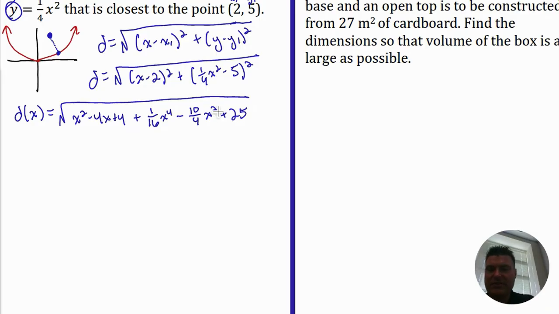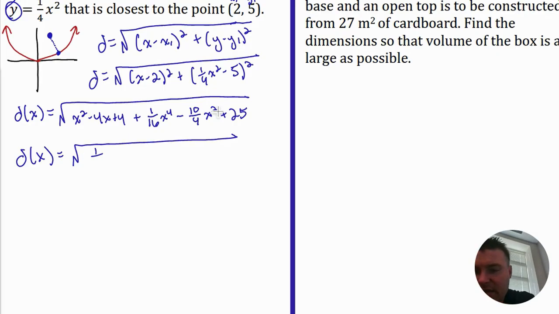Before I take the derivative, I do want to combine everything. So I'm going to go with the 1/16 x to the 4th up in the front. I think that's good right there. Let's do my x squareds now. Let's see, I have 4/4. Sorry, I'm just doing algebra in my head real quick.